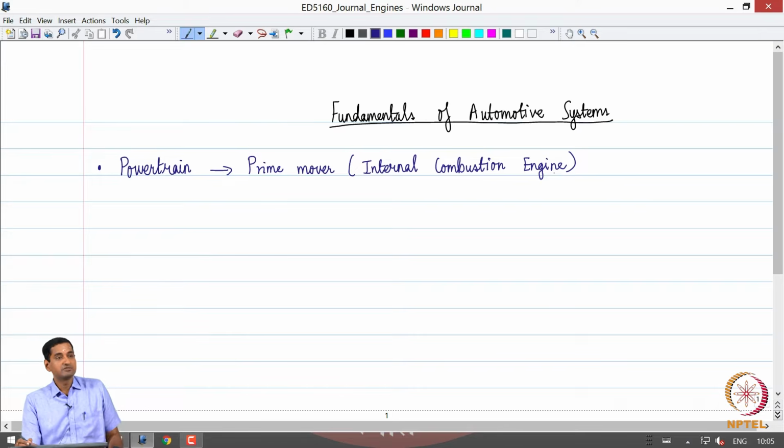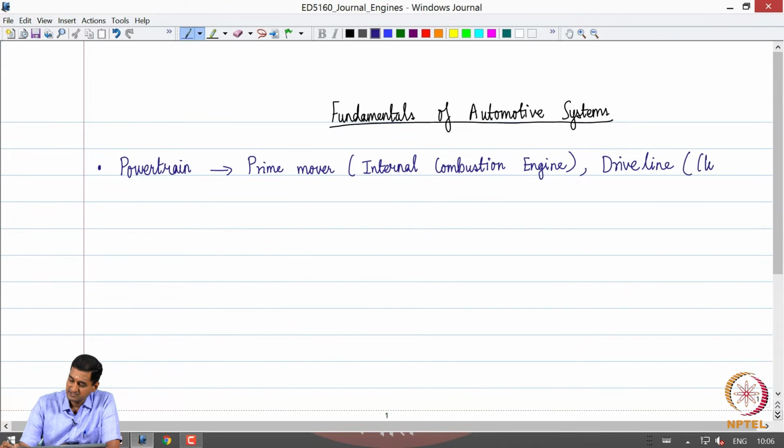Of course, if you take electric and hybrid vehicles, you will also have an electric motor which may supplement the IC engine, or in a pure electric vehicle, an electric motor will do the prime mover's job. So, this includes a prime mover. It will also include the drive train or drive line, which essentially consists of the clutch and the gearbox.